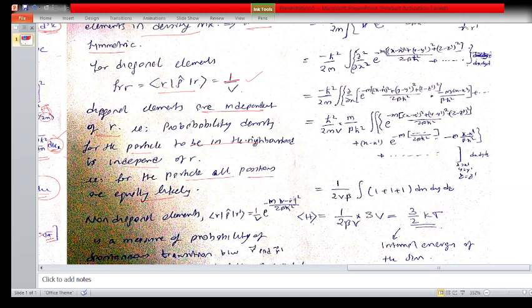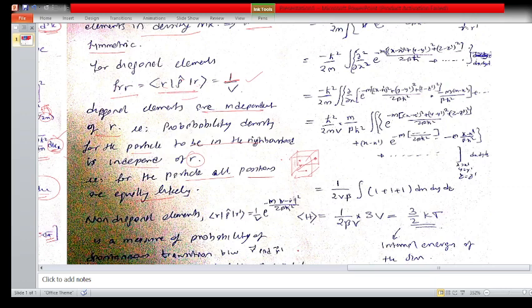So it is independent of r. Whichever r you consider, it does not matter, because rho r is independent of r when you are considering the diagonal elements.